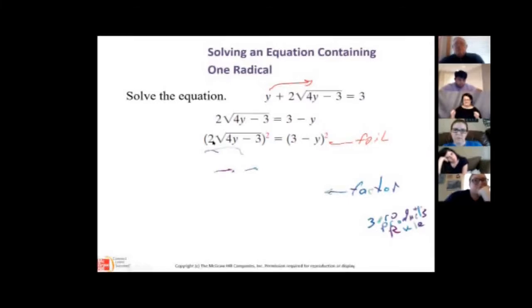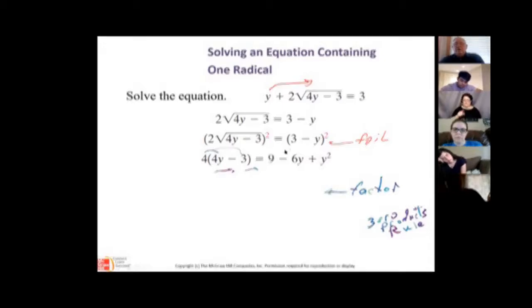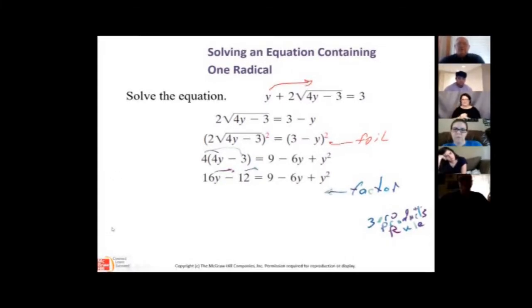I have to square the 2, which is 4, and then when I square this radical, it becomes 4y minus 3, so I get 4 times 4y minus 3. This side I have to FOIL. First term squared plus 2 times first term times last term, and last term squared, using the shortcut. Now I combine like terms.